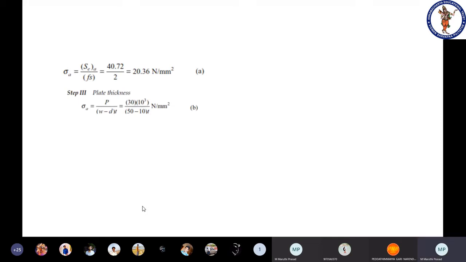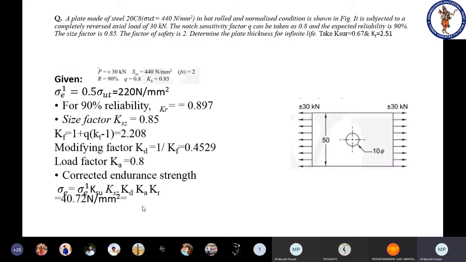Then we are calculating the plate thickness. For that particular plate, the stress amplitude is load by area. Load is 30 kilonewton and the total width is W. In that plate, we know that this is the critical section, wherever we have the weaker portion.